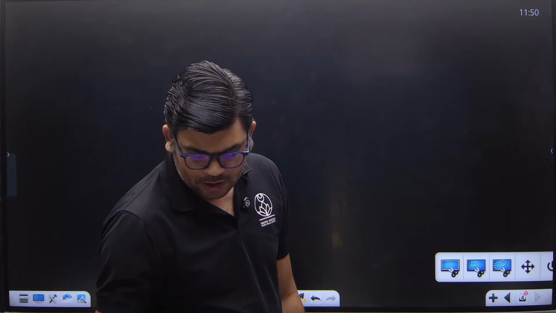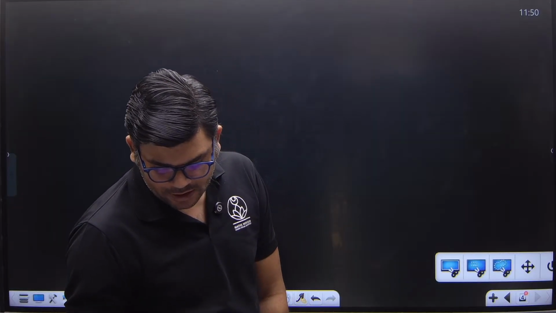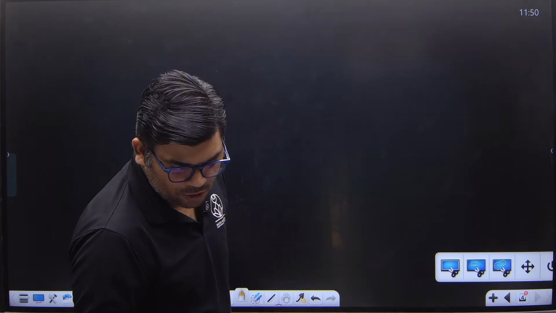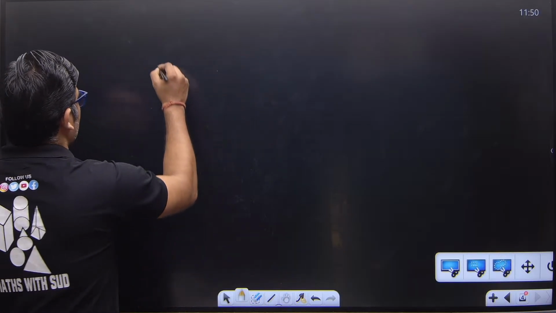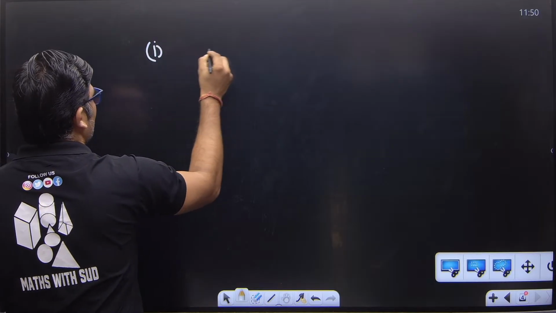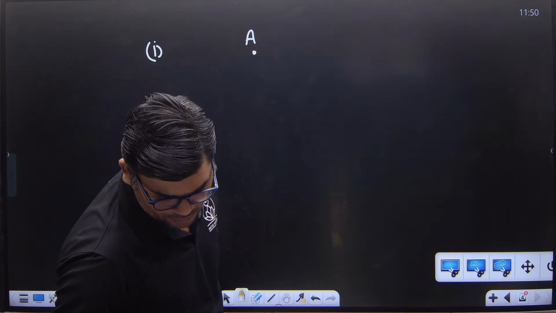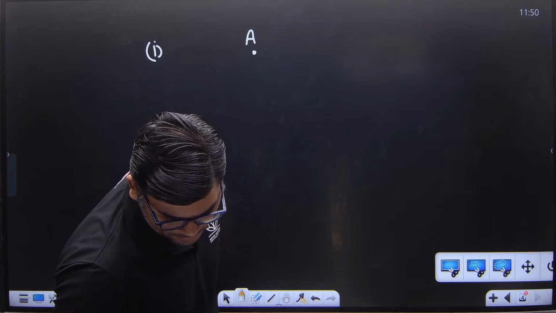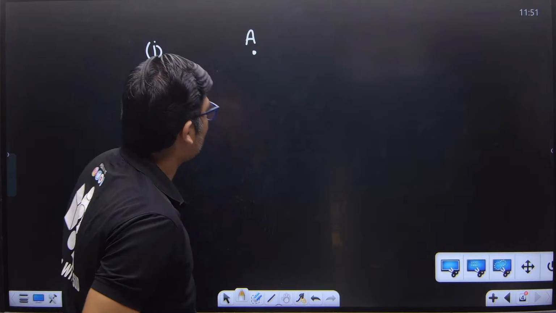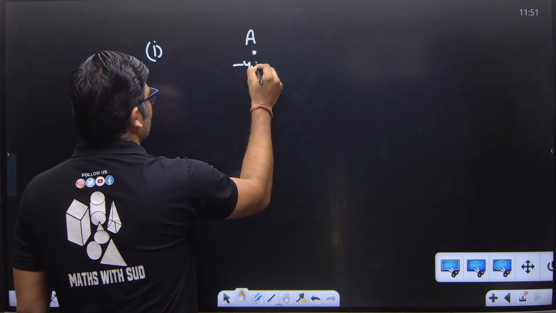So the question says write down the coordinates of the point P that divides the line joining minus 4 comma 1 and 17 comma 10 in the ratio 1 is to 2. So let us take the point A as minus 4 comma 1.